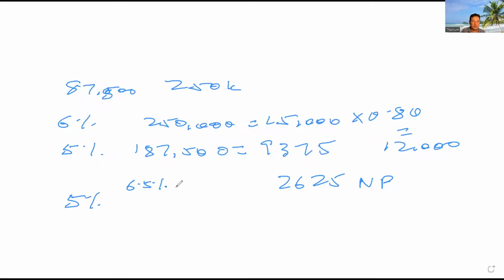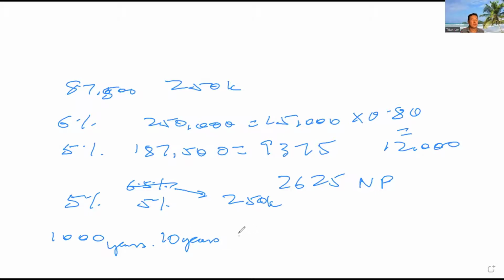But let's be more conservative and do 5%, even though the Domesday Book records have been kept in the UK for over 1,000 years, and property prices actually double every 10 years. So the rule of 72 tells you that it must have capital appreciated by 7.2% over 1,000 years. So there's a lot of history behind it. So let's say 5% capital appreciation.